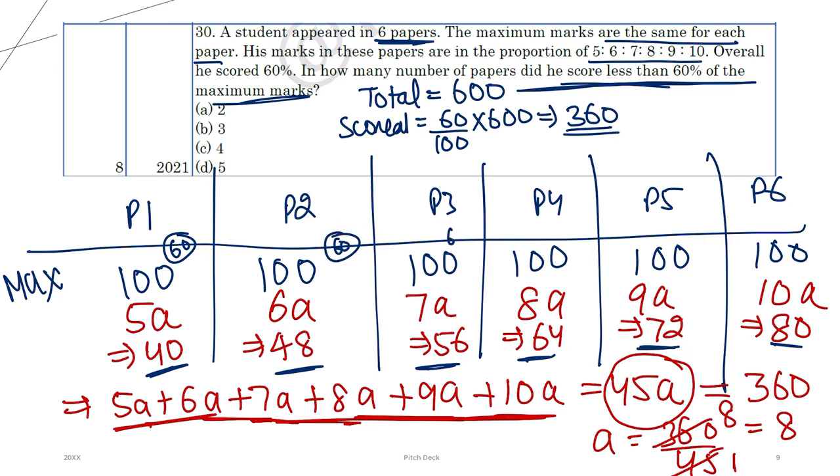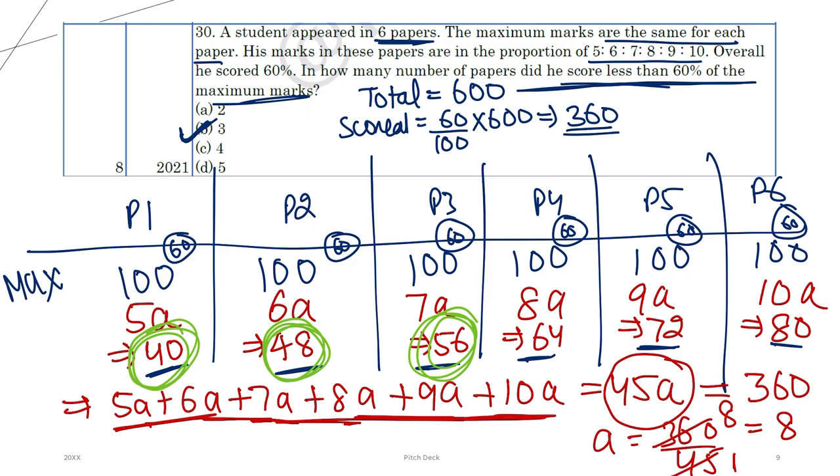So in how many papers has he scored less than 60? Less than 60 is this paper, this paper, this paper. So in 3 of the exam papers, he has scored less than 60 marks. So the answer is 3. I hope this is clear.